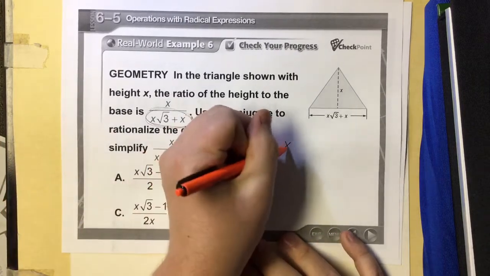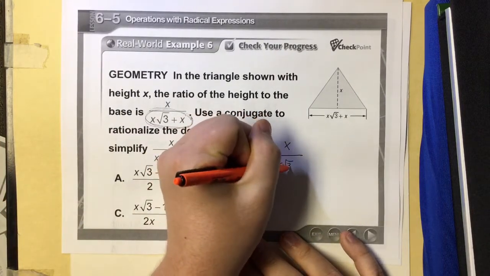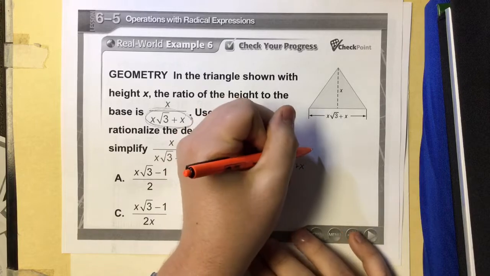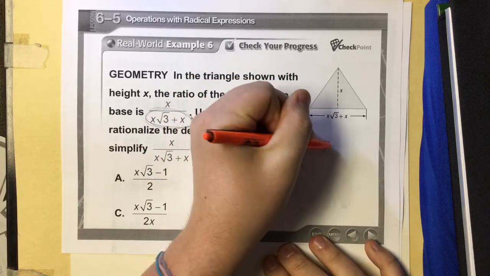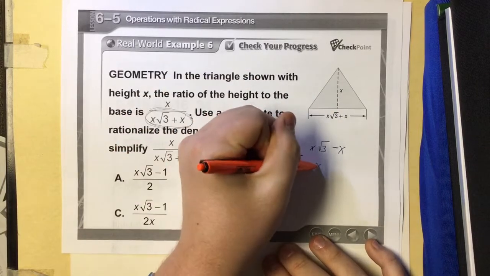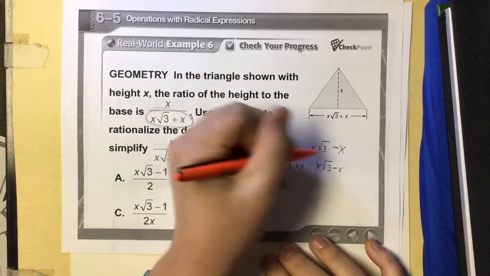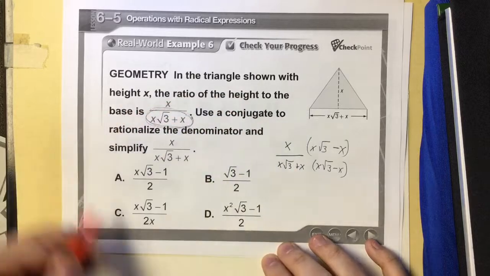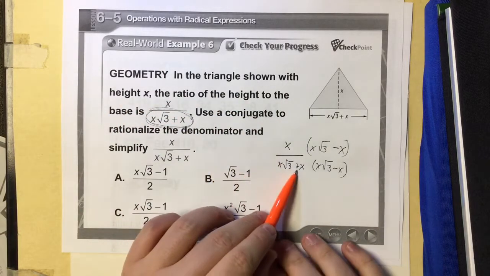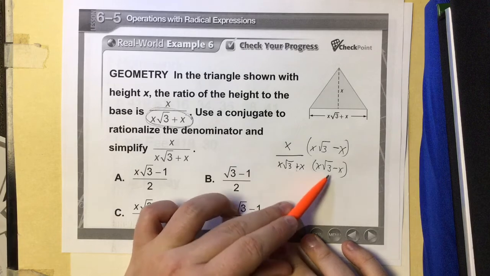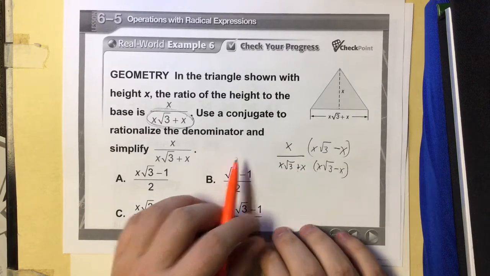So we are going to do x over x rad 3 plus x. We're going to multiply top and bottom by x rad 3 minus x. We multiply top and bottom by the conjugate of that denominator. Since this is a plus in between the two terms, we make it a minus in between the two terms.